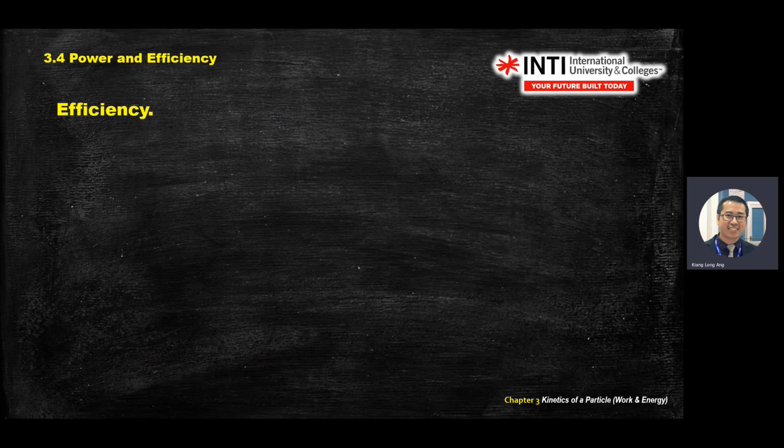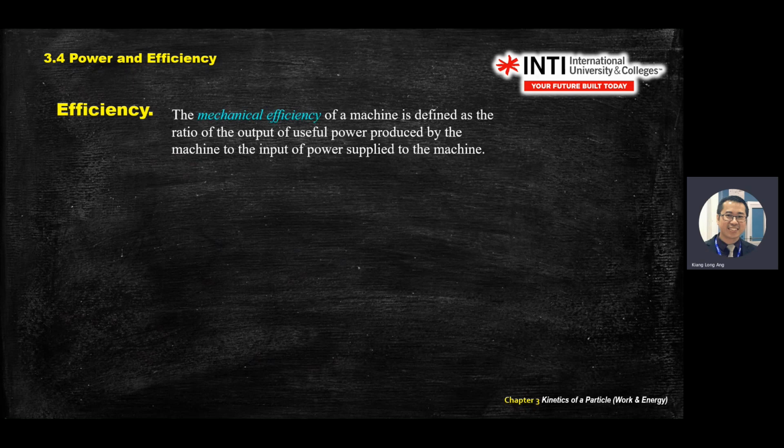Next, when you deal with power, you deal with efficiency. Efficiency is a very easy principle. You take your output divided by input. In this case, we use power: your output power divided by input power. You can use your work output divided by work input also.